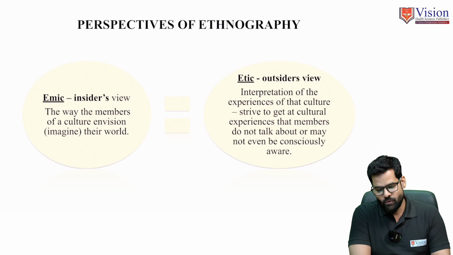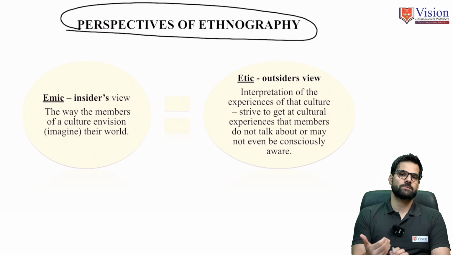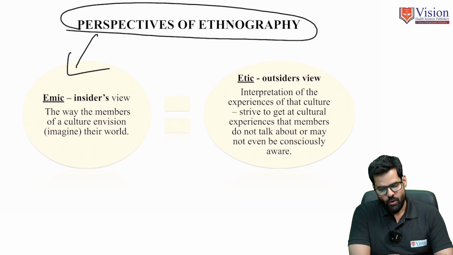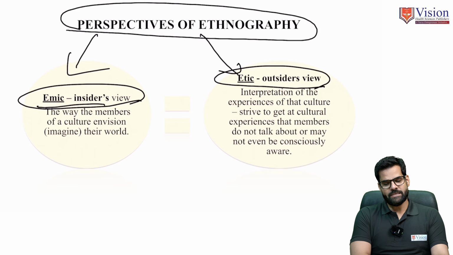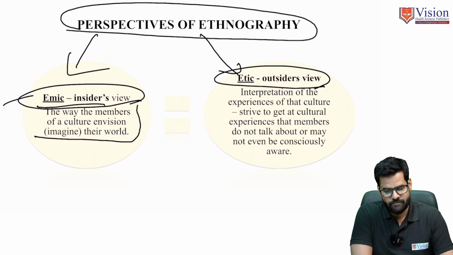Now, when you talk about the perspective of ethnography, whenever you study someone's culture, you have two perspectives. One is an insider view, that is the emic view, and then we have the etic view, that is an outsider view. So what is an emic view? Insider view, the way the members of a culture imagine their own world.